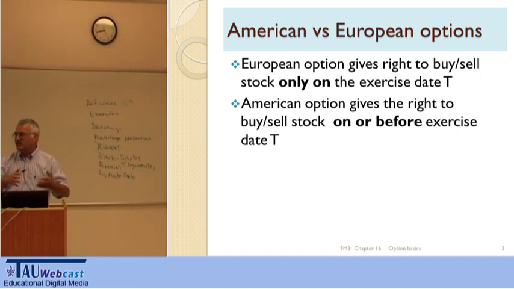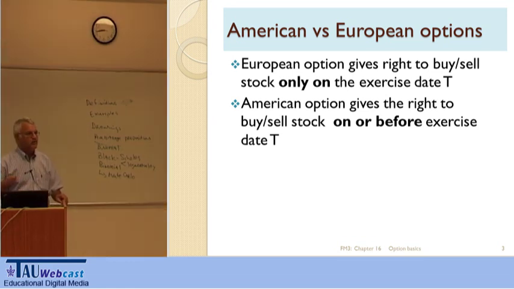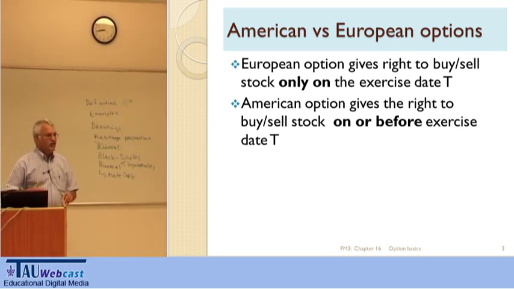Sometime in the 1960s or late 1960s, Paul Samuelson, who was a very, very, very famous economist and an American, wrote an article about options, and he wanted to talk about this difference between exercising on a specific date and exercising before or on the specific date. And it was a time of great political tension and anti-Americanism, so he called the inferior option the European option, and the superior option the American option. This is actually true, and that's where this terminology comes from. It has nothing to do with options.